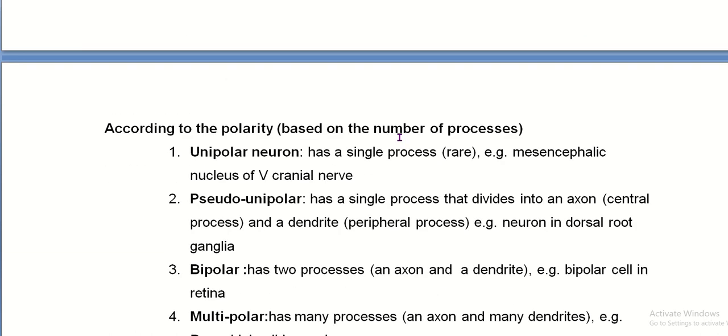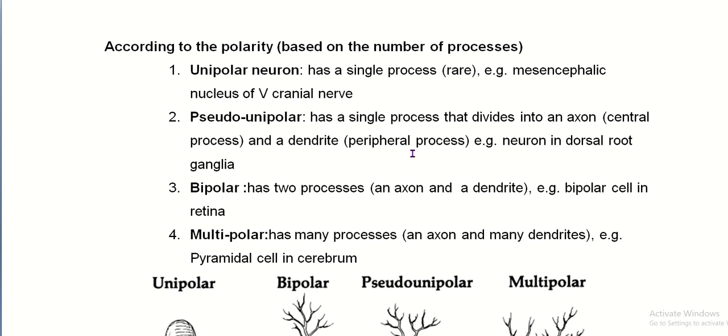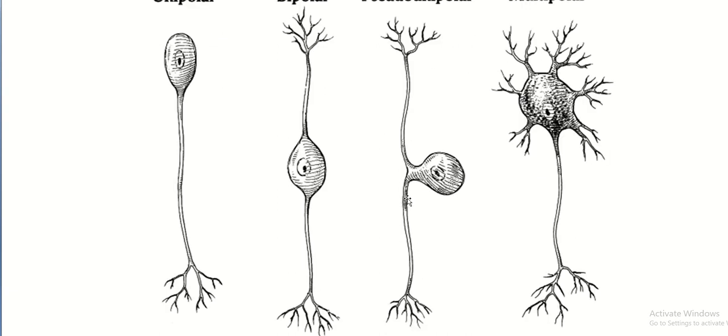Classification of the neuron. There are several classifications of the neuron according to polarity: unipolar, pseudo-unipolar, bipolar, and multipolar. So this is unipolar, this is bipolar, and this is pseudo-unipolar because it has only one process, but it divides into two processes, the peripheral process and the central process.